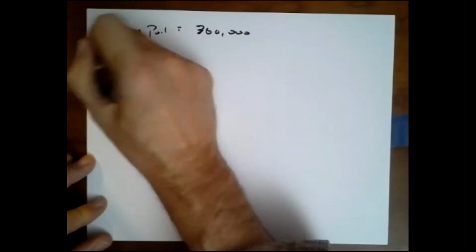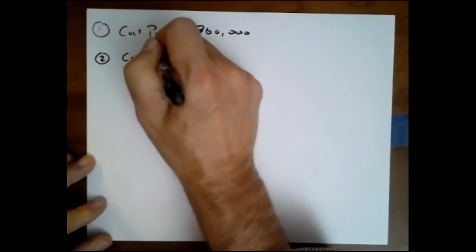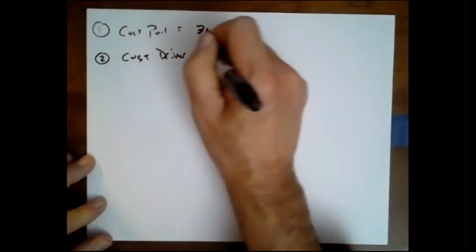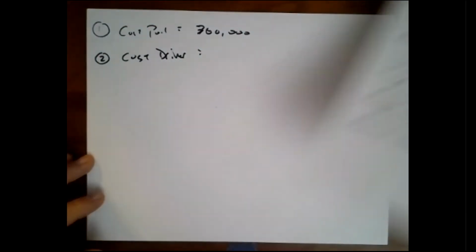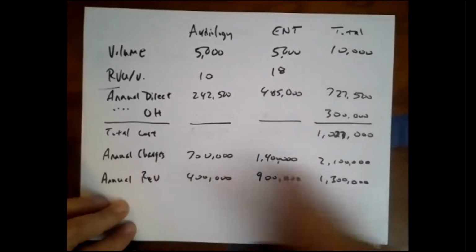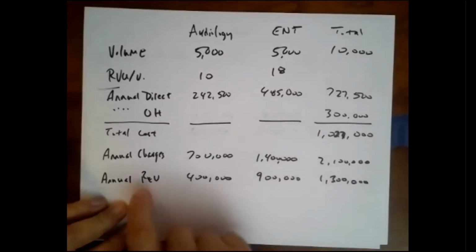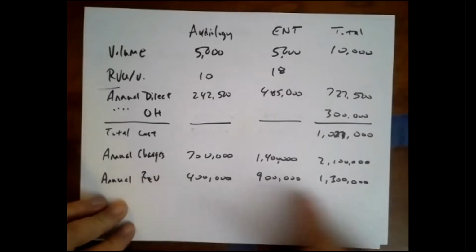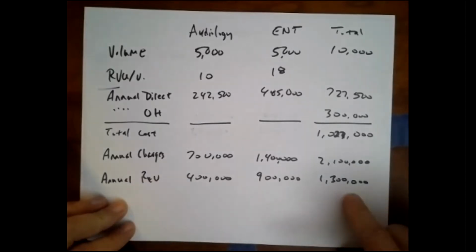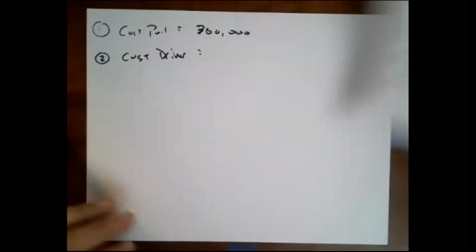Step 2, cost driver. What we used before was annual charges, and so we took the total annual charges. We're going to use annual revenues instead, so we're just going to take the total annual revenues, which is 1.3 million.